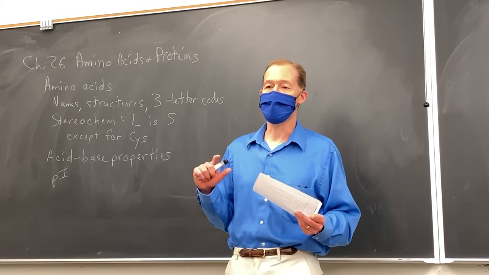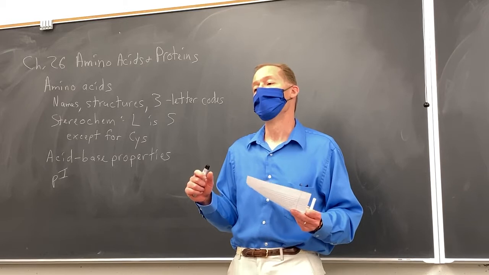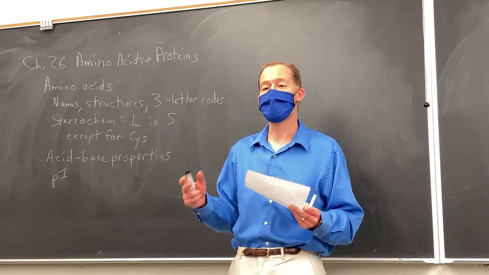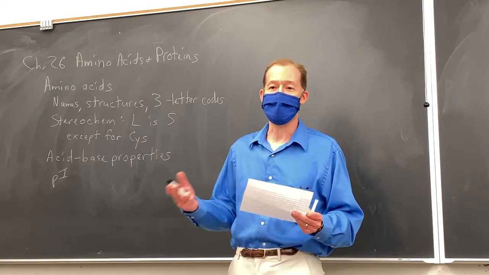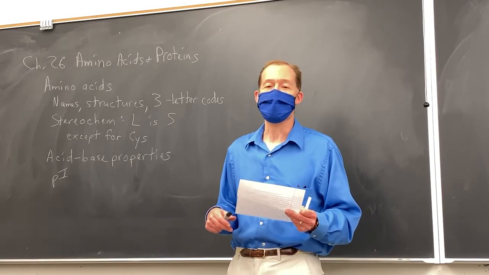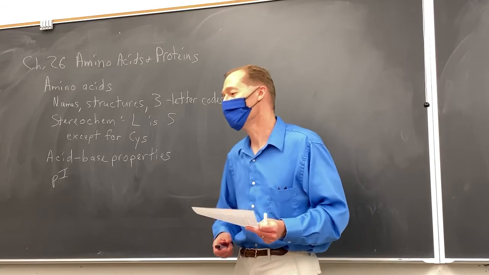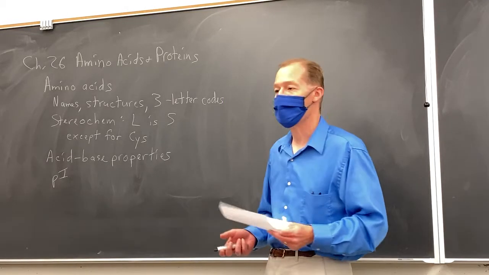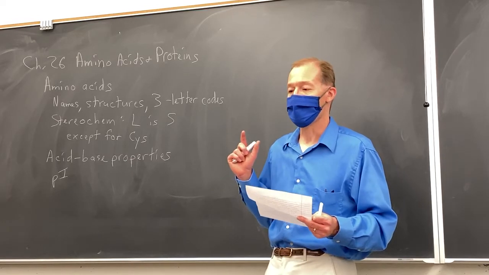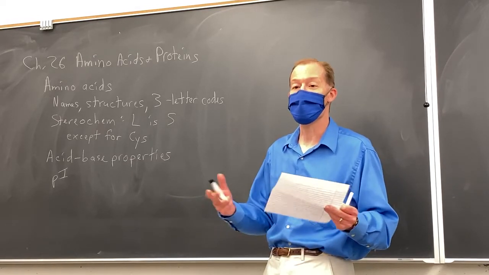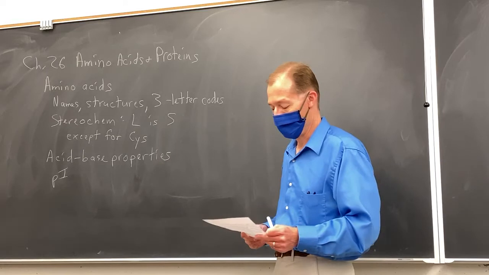And which pKa values you average depends on whether, of course, if it only has 2 pKa values, that's easy. But if it has a side chain pKa, it depends on if that's an acidic or a basic functional group. So we went over in class a procedure for determining which 2 of the 3 pKa values you would use to determine the isoelectric point.